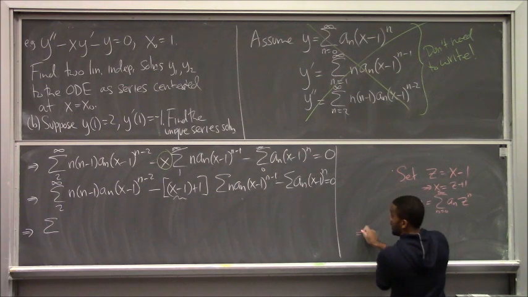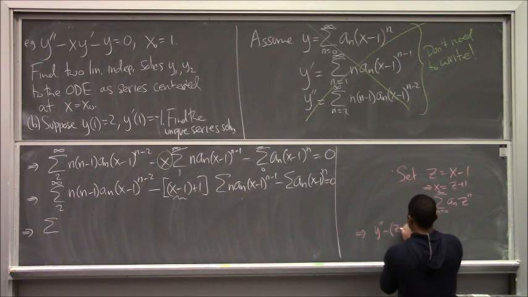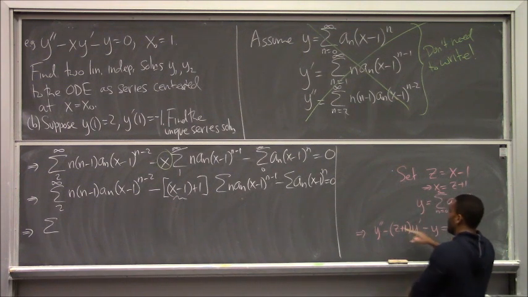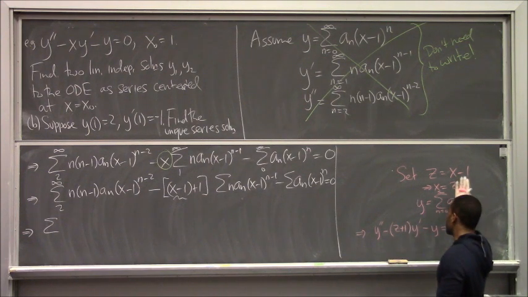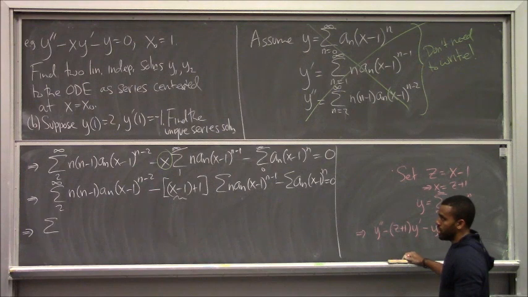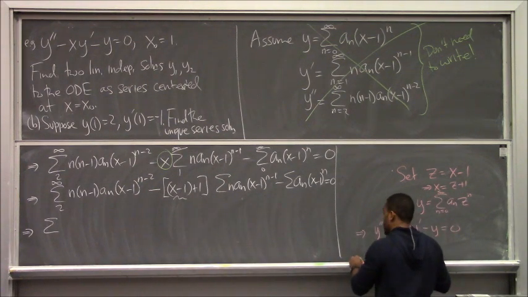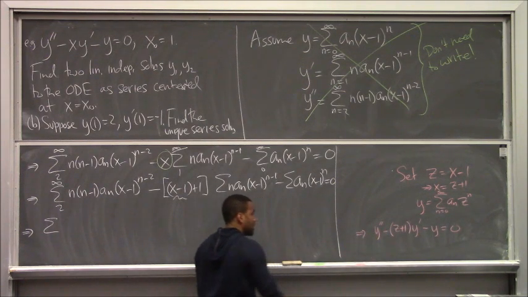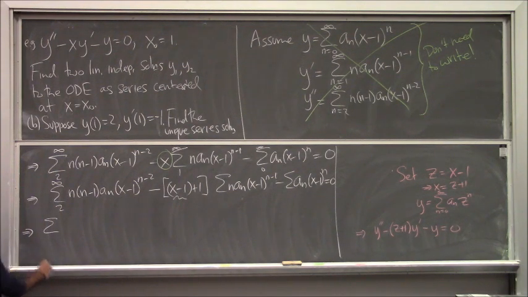And then you can plug it into this form, y double prime minus (z plus 1) y prime minus y equals 0. And then it'll be easy to see that the z will just multiply out. But that's just a shorthand if you don't want to write it out. Otherwise, you can just extrapolate the variable that you want. You could also solve for the answer in terms of z, replace z with x minus 1 at the end, and you would be good there.